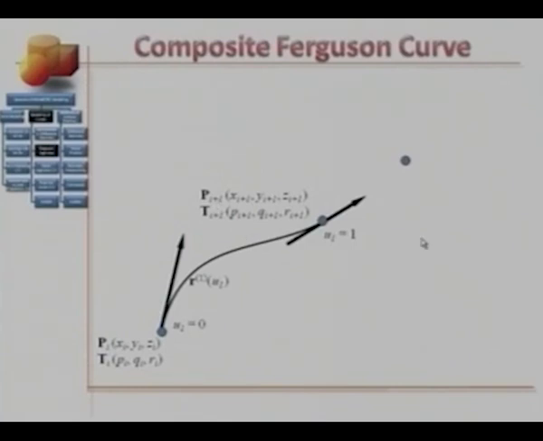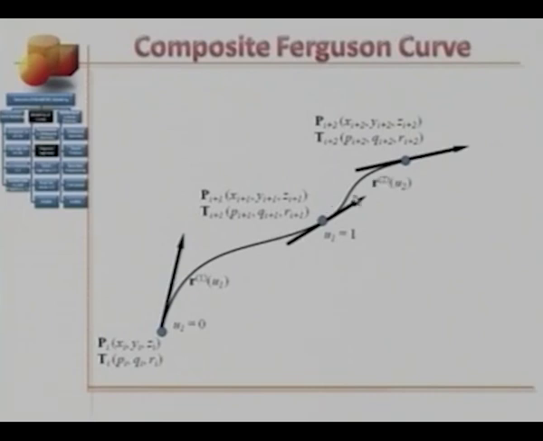If a designer chooses to specify another point, let's say pi plus 2 with coordinates xi plus 2, yi plus 2, and zi plus 2, and also a slope at this point ti plus 2 with components pi plus 2, qi plus 2, and ri plus 2, the second Ferguson segment would probably look like this.